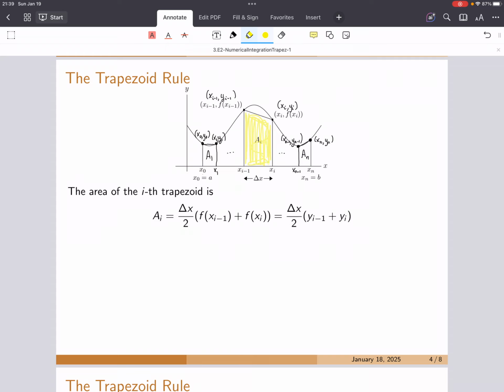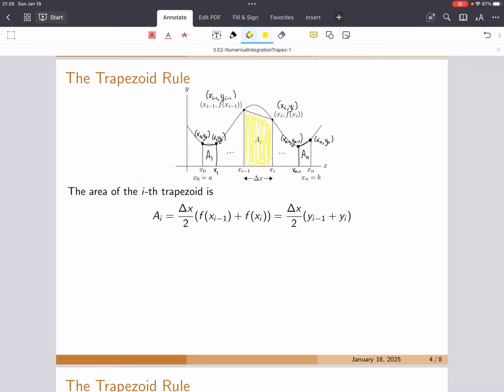that area, we can use the formula from before. So the area of that yellow trapezoid is a half times the width delta x times the sum of the two heights.